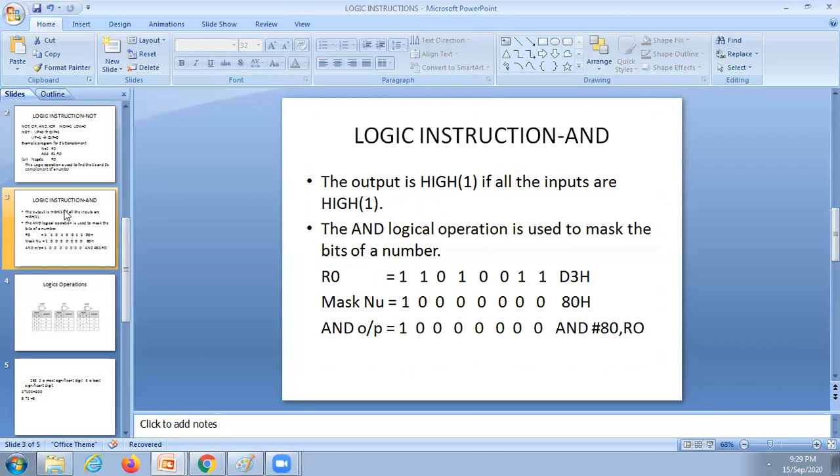Suppose some data is there in R0. If I want to find out the most significant bit of R0, what do I have to do? First, I have to take R0 and mask all the other bits except that MSB.